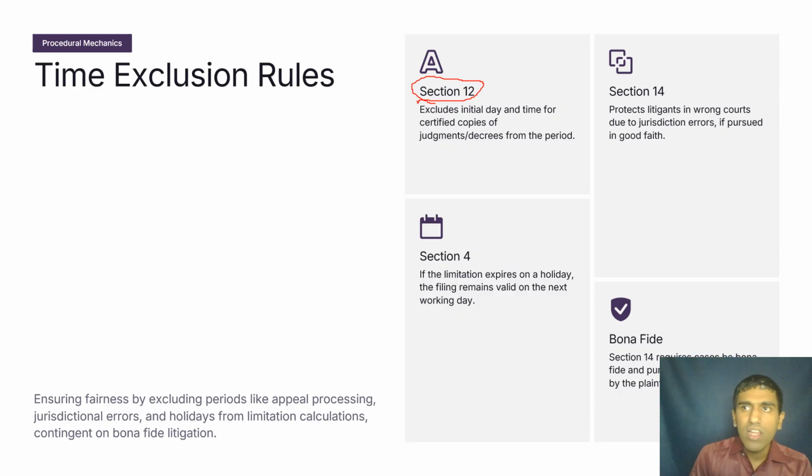The days would be the day on which the judgment was pronounced in the court regarding which the appeal is being filed, or regarding which review or revision of the case is being done.